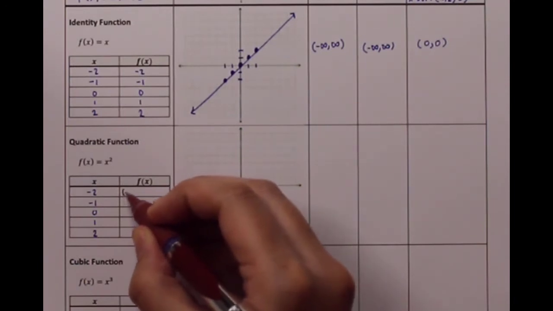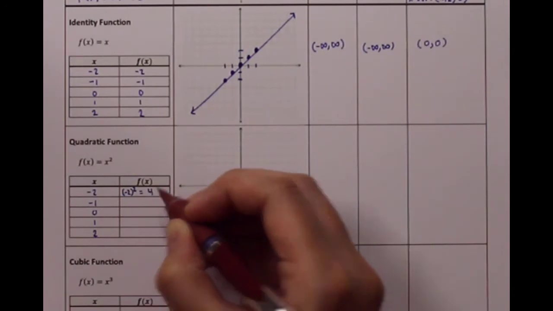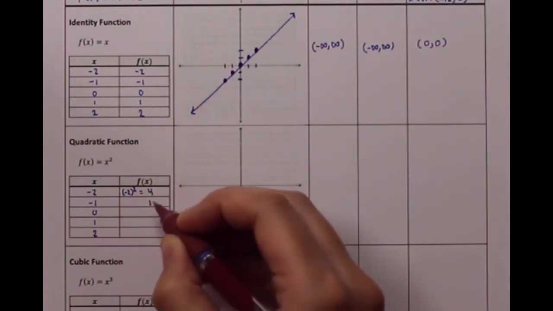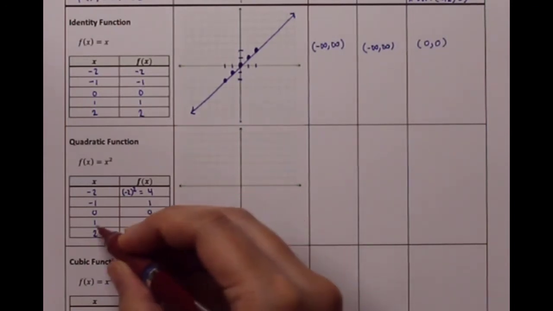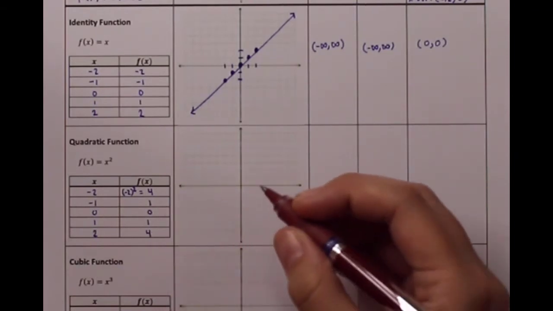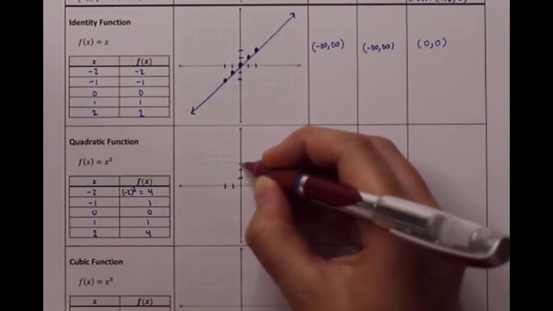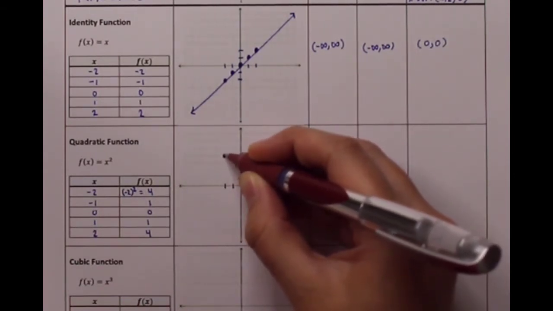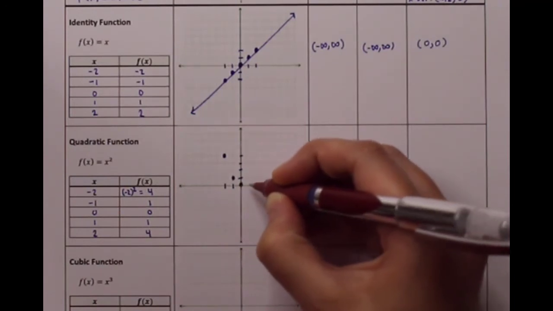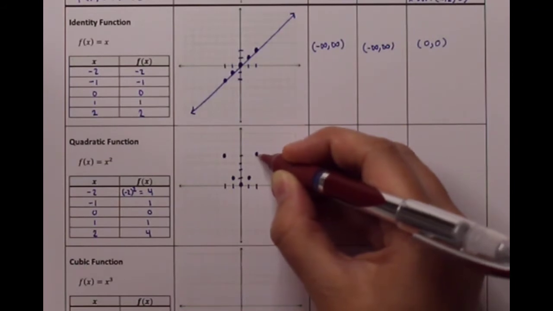So it really looks like -2 quantity squared, so that gives us a positive 4. -1 quantity squared is 1, 0 squared is 0, 1 squared is 1, and 2 squared is 4. And so let's plot those points. So -2, comma, positive 4, -1, comma, 1, 0, comma, 0, 1, comma, 1, and 2, comma, 4.